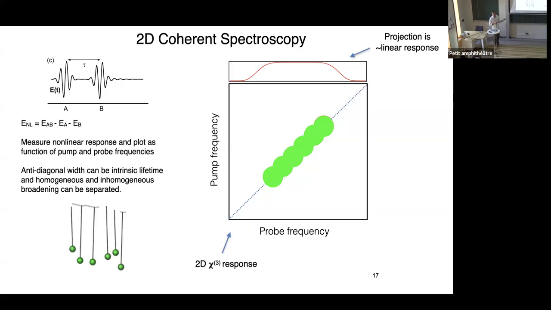It could be made up of many long-lived modes, but I can't see them spectroscopically because they're all overlapping on top of each other. But in the nonlinear response they provoke this ridge in frequency space, and I could imagine doing a cut in the anti-diagonal direction, resolving the lifetime of these modes. This analogy is something we're going to come back to in a little bit.